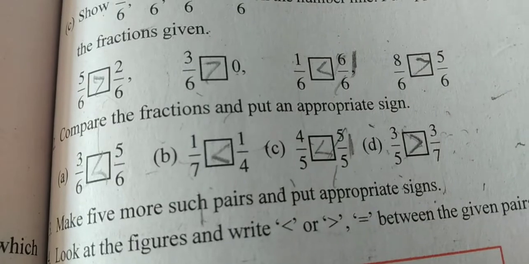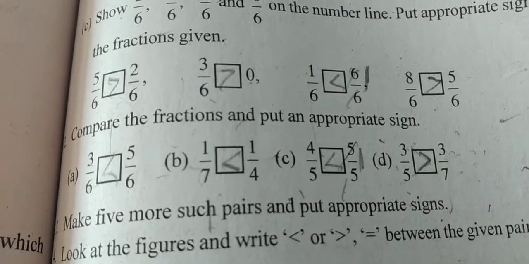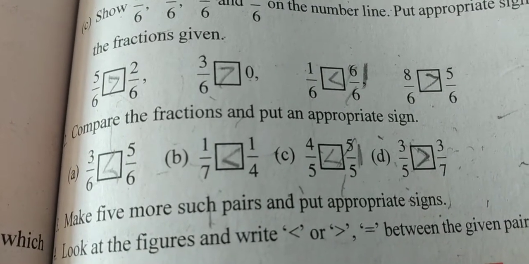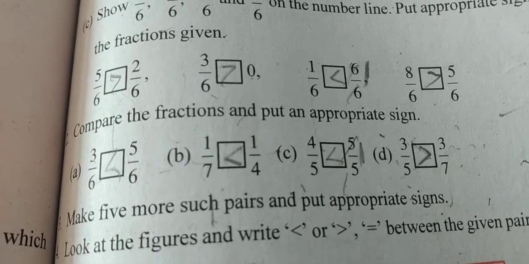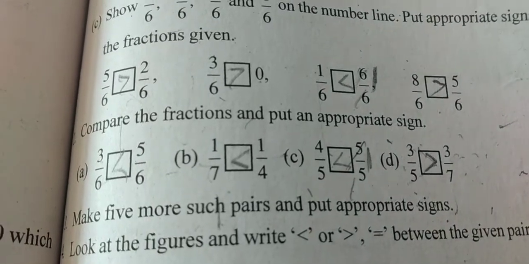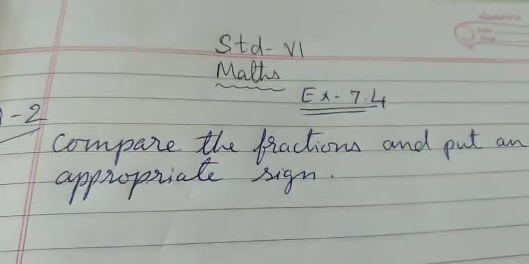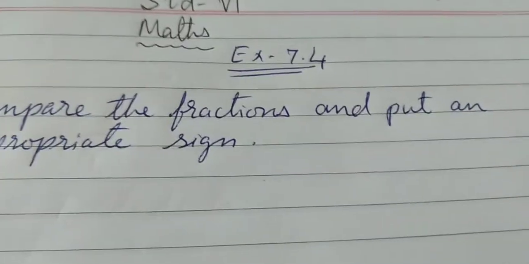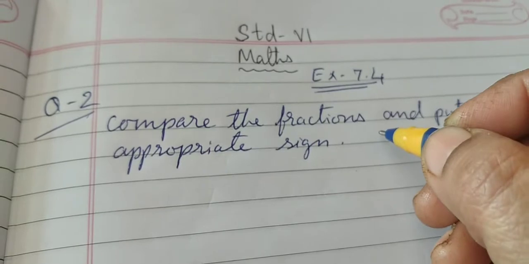Compare the fractions and put an appropriate sign, that is greater than, less than, or equal to sign. So here we go with exercise 7.4, question number 2. Compare the fractions and put an appropriate sign. And which signs are we going to use?